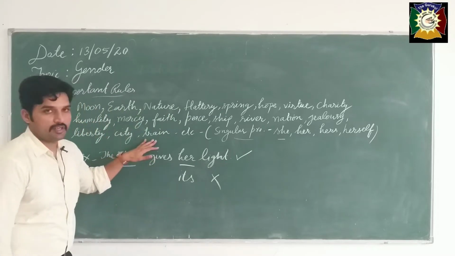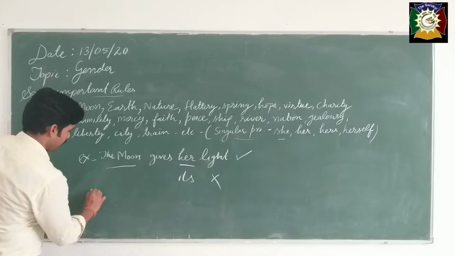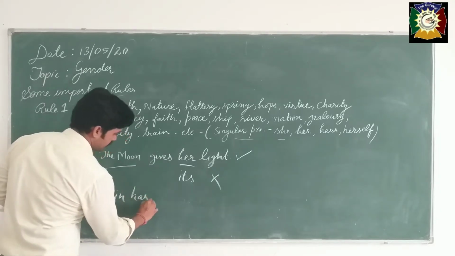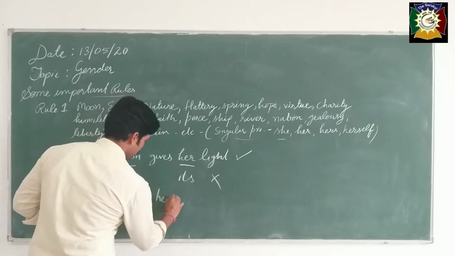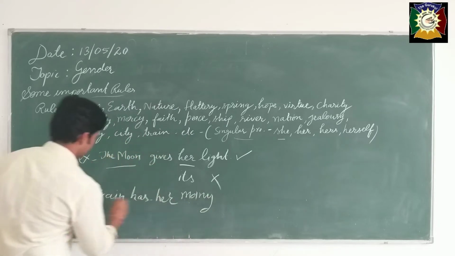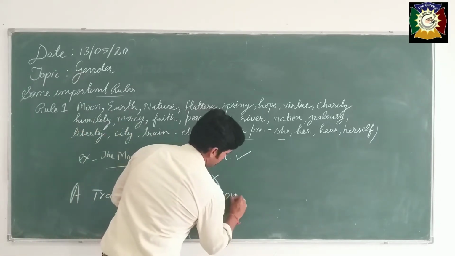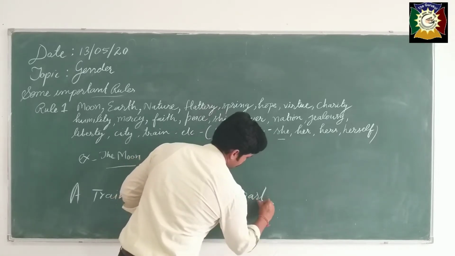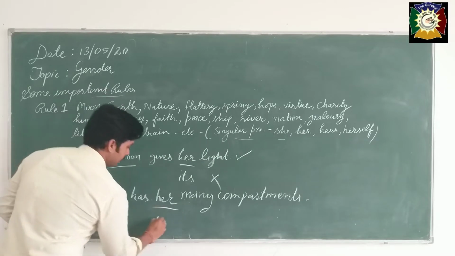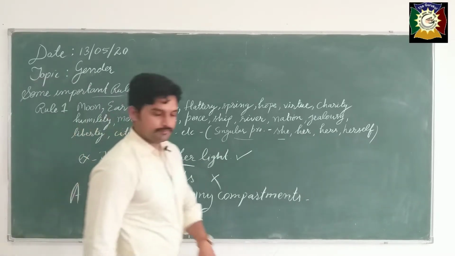For example, train: a train has her many compartments. Now, if you write its here, this will be considered wrong. Clear?